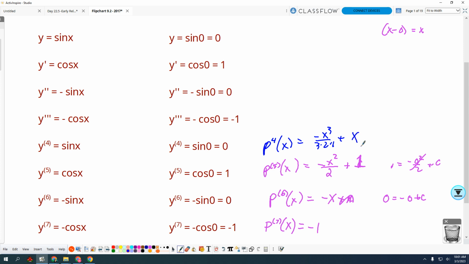I'm going to stop writing it on the side here, but 0 equals 0 plus c, c was 0. Charlotte, integrating to get my third derivative. Negative x to the fourth over 3 times 2 times 4, plus integrate x, x squared over 2, plus c, which is going to end up being negative 1.